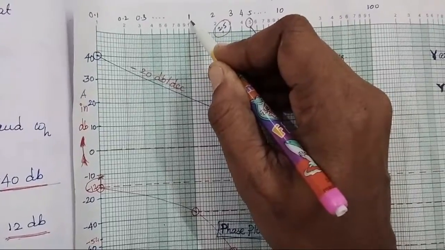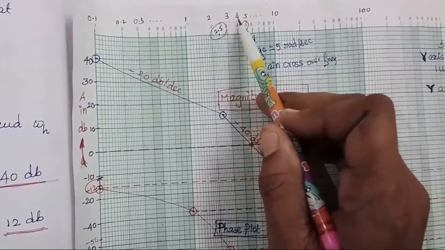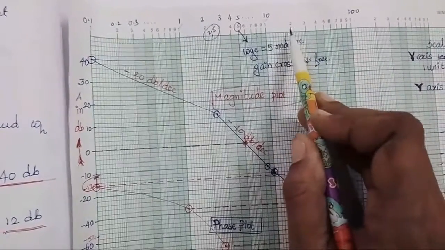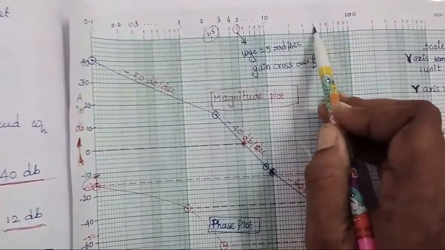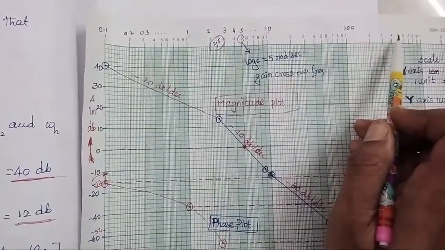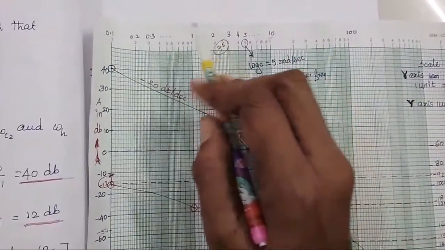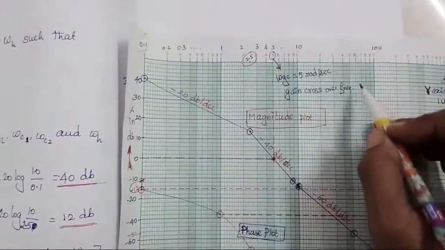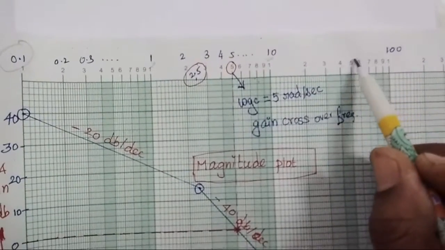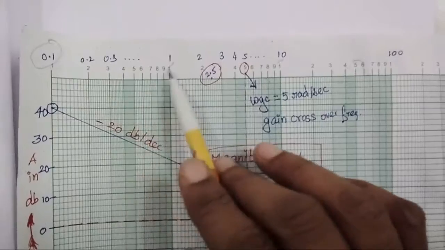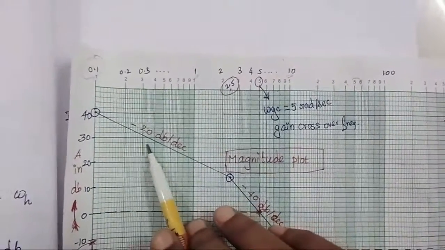If you consider it as 1, then 2, 3, 4, 5, 10, then 20, 30, 40, 50 up to 100. Similarly it goes on. But here we need only the values from 0.1 to 50. So where is 50? Here is 50. So accordingly we have to scale the values.